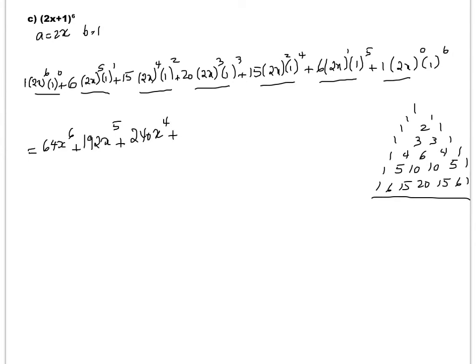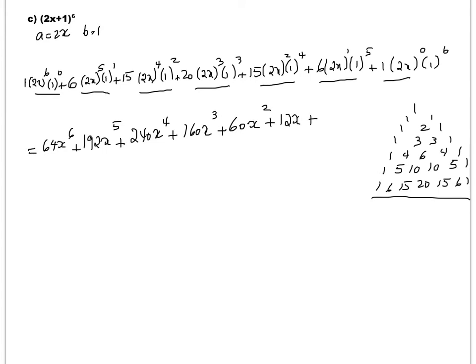Then we get 2 exponent 3, which is 8, times 20 is 160, times 1 exponent 3 is going to be 160 x exponent 3 plus. 2 exponent 2 is 4, times 15 is 60, times 1 exponent 4 is 60 x exponent 2 plus. 2 exponent 1 is 2, times 6 is 12, times 1 exponent 5 is 12x.